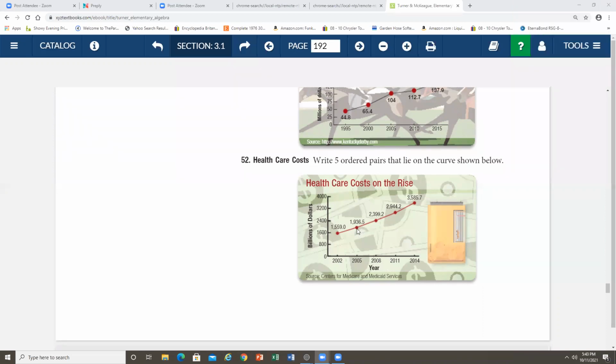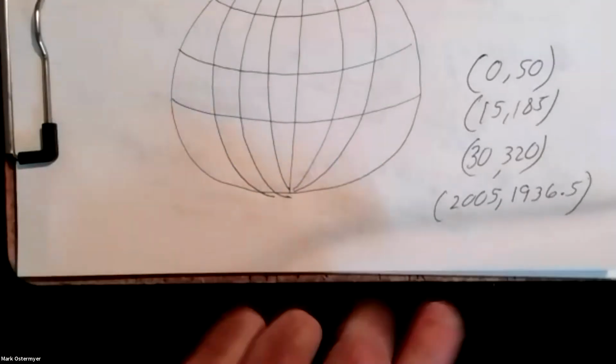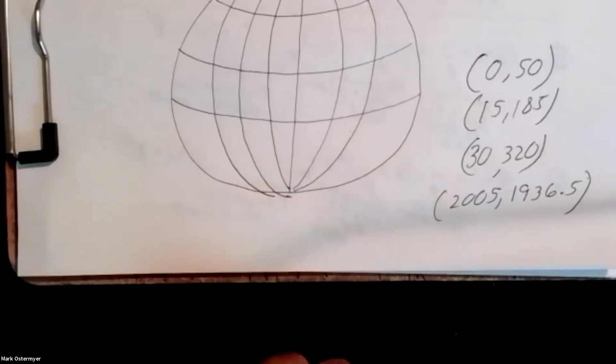Yeah, that would be 1 point on this graph. 2005 and $1,936.50. So 1 point on that graph would be right there, 2005, comma 1936.5.